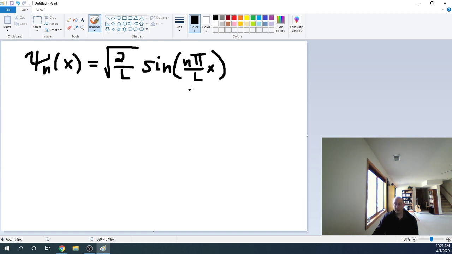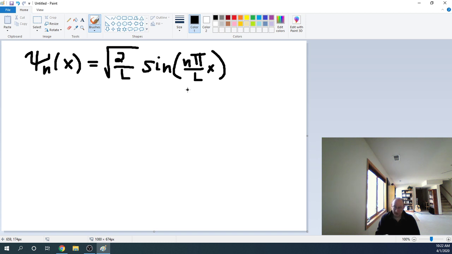They all produce a situation where the particle is in the box, but there's a different energy associated with each one of those wave functions. For n equals 1, there's a particular value of the energy. For n equals 2, when the wave function for the particle is different, it turns out that corresponds to a higher energy state.